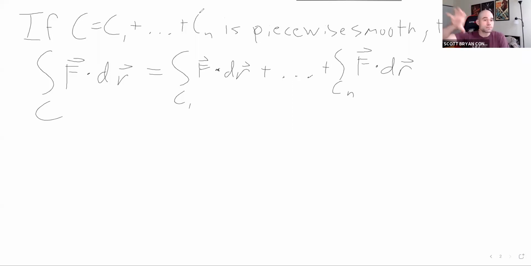So each of these pieces is smooth and can be parameterized by a single function. Well, they can each be parameterized by different functions. So we look at the first piece, we parameterize if we need to, and do that integral, and then go on to the second piece, parameterize it differently because it's a different piece, and then do that integral, go to the third piece, etc. And then we do all those integrals and we add them up.